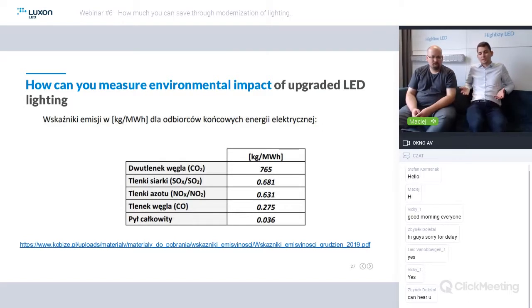As you can see, you have the kilos per megawatt hour, and that's really a lot. For every megawatt hour in Poland, you get 765 kilos of CO2 emissions, including all other really bad pollutants for the environment.